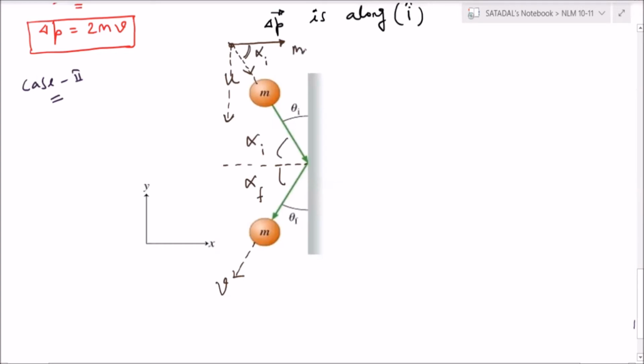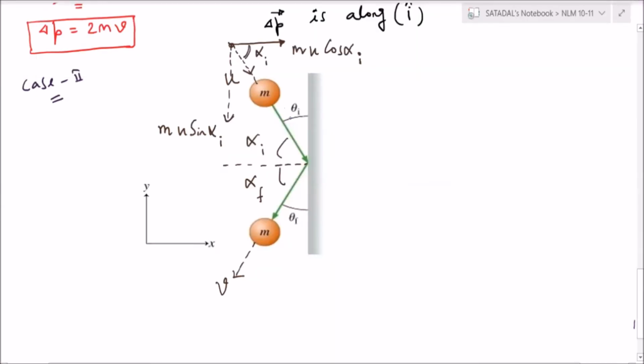So how much should we get? mu cos of alpha i. I think this is clear to everyone. What you are going to get here? mu sine of alpha i. This is okay, my dear friends, fine.